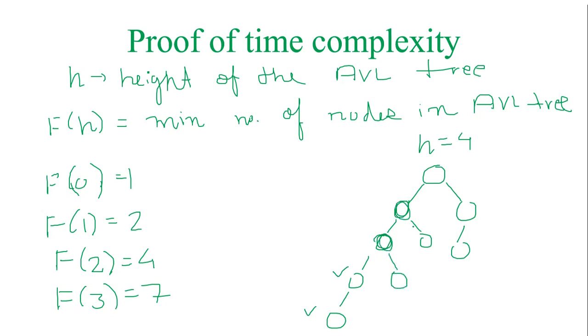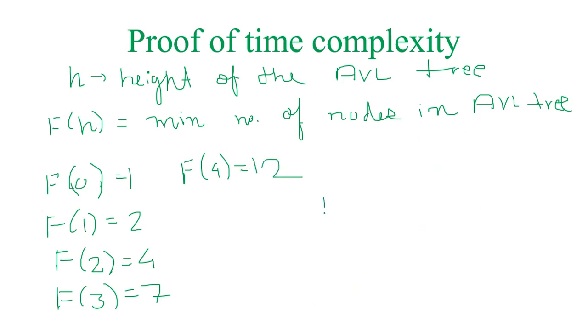This is unbalanced, so we'll add one node, let's say here. This is also imbalanced, so we'll add one node here. But now this becomes unbalanced, so we'll have to add one node here. Then the minimum number of nodes will be 1, 2, 3, 4, 5, 6, 7, 8, 9, 10, 11, 12. So f of 4 turns out to be 12.